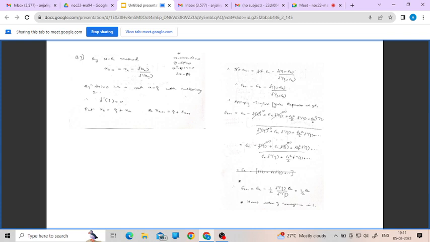So by the method with which we find order of convergence, it says what? Modulus of epsilon k plus 1 equals some constant times epsilon k power p. That p gives you the order of convergence. So here the p value is 1. Therefore the order of convergence is 1. Okay.